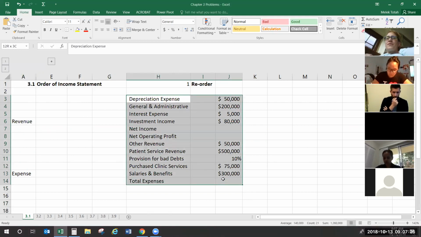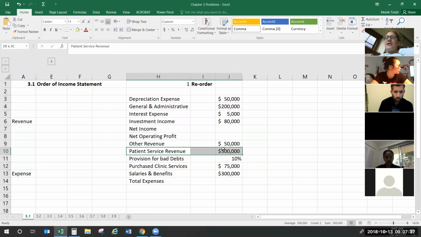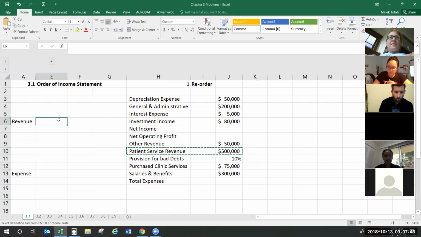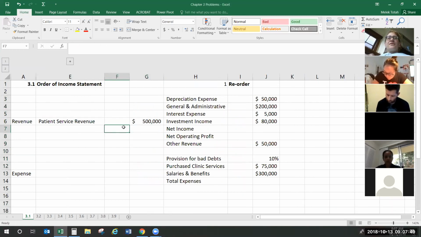Can somebody walk us through what items here are revenue? So the patient service revenue. Okay, that's kind of like the first thing, right? So let's go ahead and put that over here. Okay, that's the first, right? Okay, and then what would come after that?